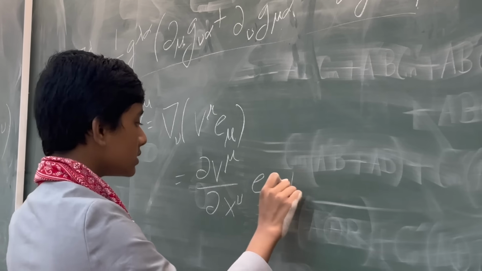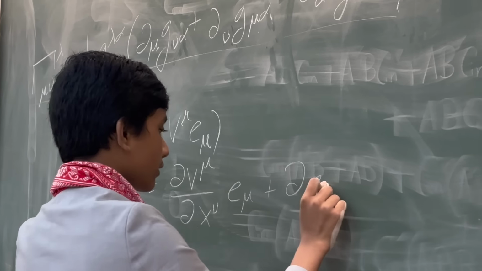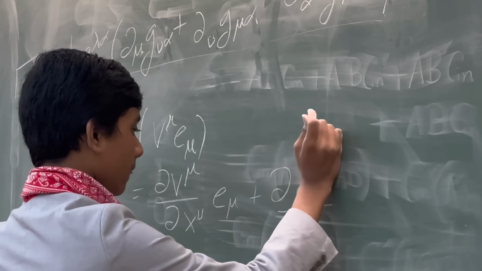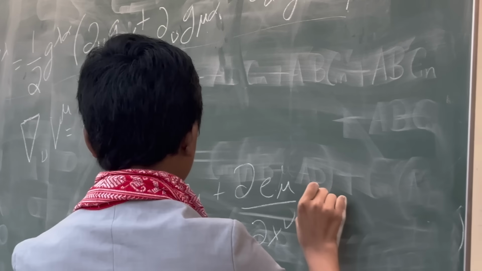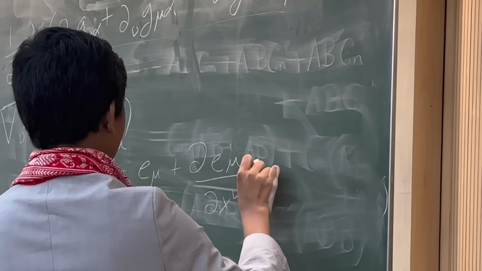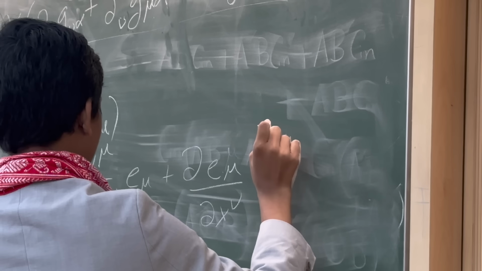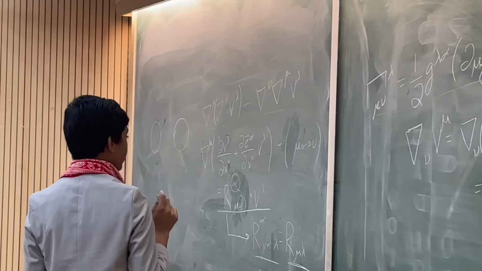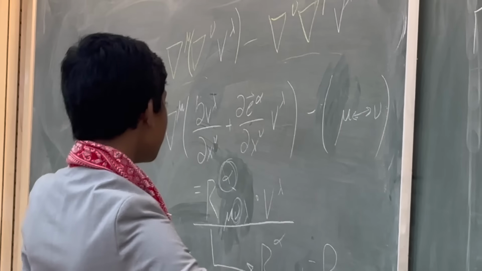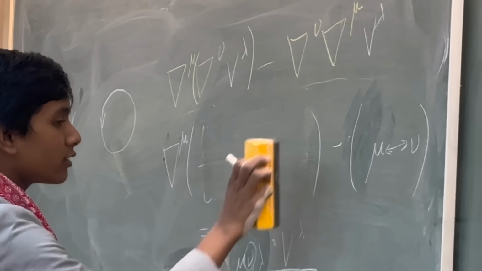This times the basis vector plus the derivative of the basis vector times the original. So yeah, okay, that is very good. Thank you for catching me on that.